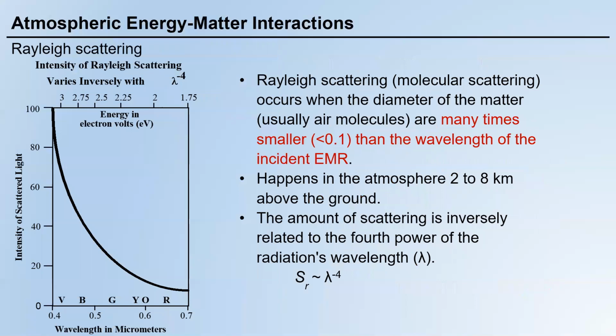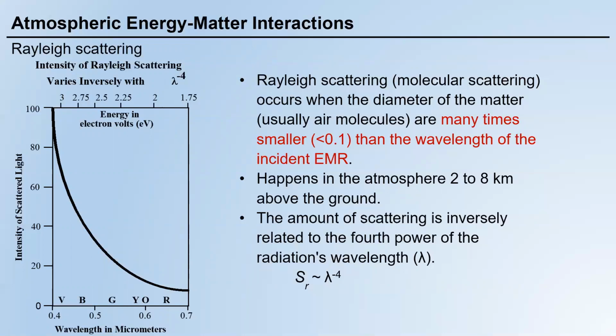The first type is called Rayleigh scattering. Rayleigh scattering, we also call it molecule scattering, occurs when the diameter of the matter, usually air molecules in the atmosphere, is many times smaller than the wavelength of the incident EMR. And it happens in the atmosphere 2 to 8 kilometers above the ground.